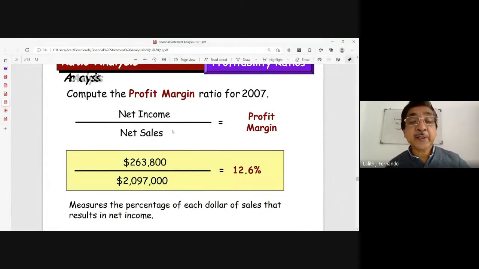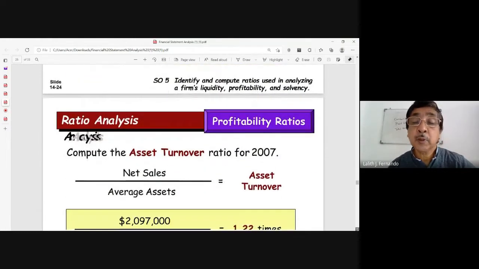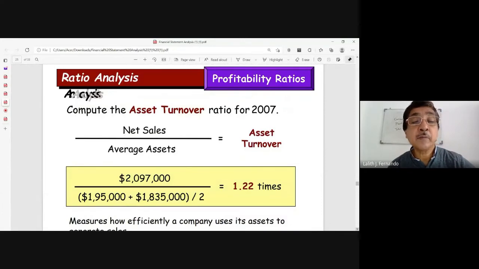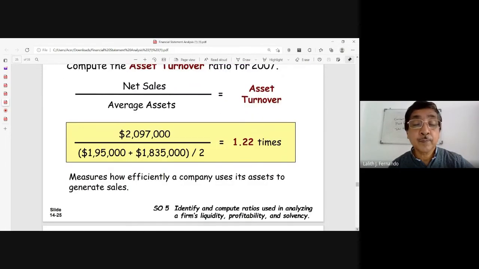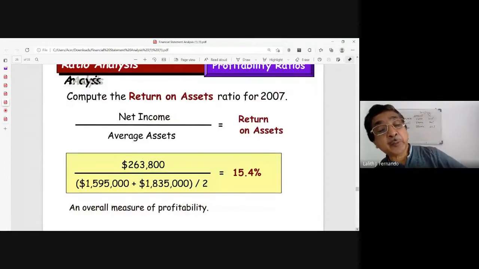Net income divided by net sales is the profit margin. Net sales divided by average assets. Return on assets, net income divided by average assets.